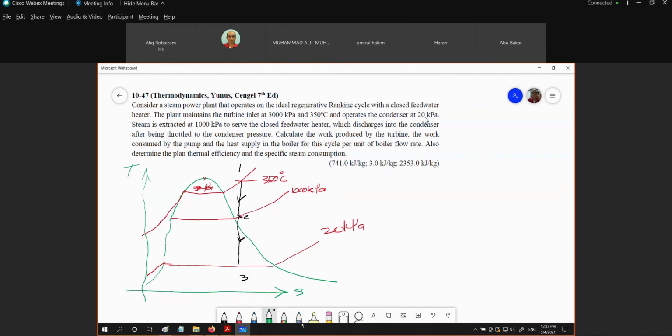I need to put this line a bit lower, a bit steeper. All right, so this is the pumping process. Sorry guys, I couldn't control my hand. Looks very crooked.